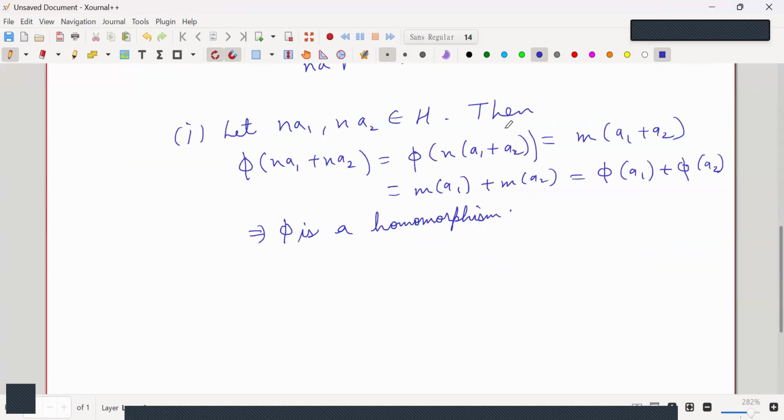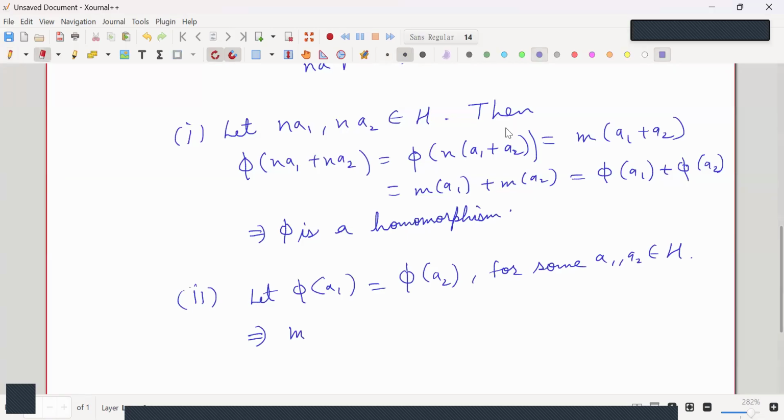What about one-one? Let phi of NA1 equal phi of NA2 for some A1, A2 inside Z. This implies M A1 equals M A2, that is M of A1 minus A2 is 0.